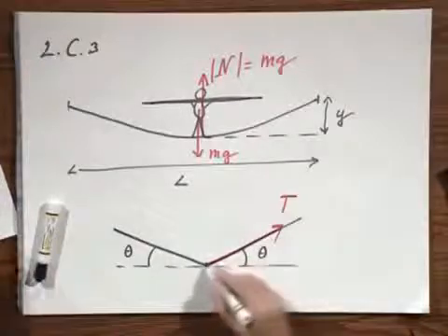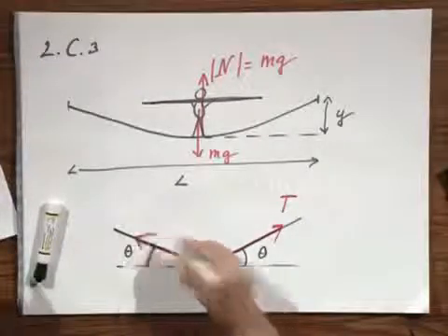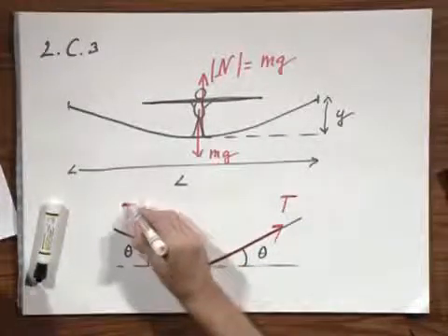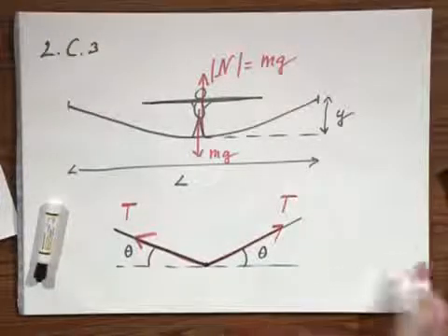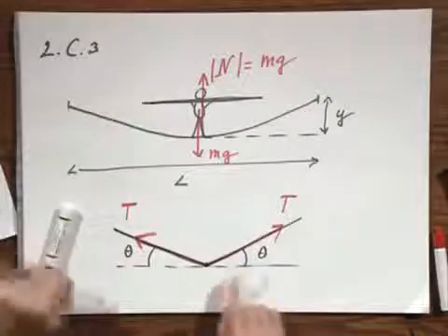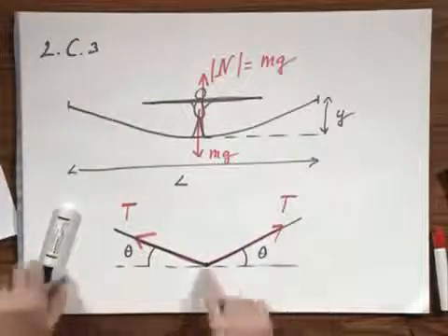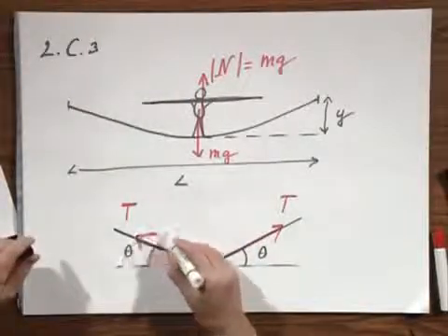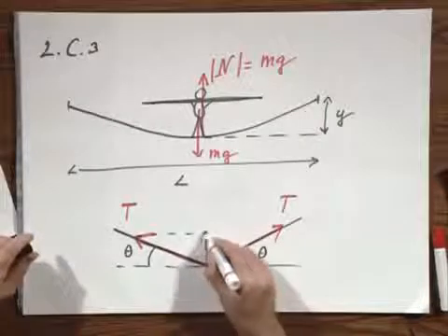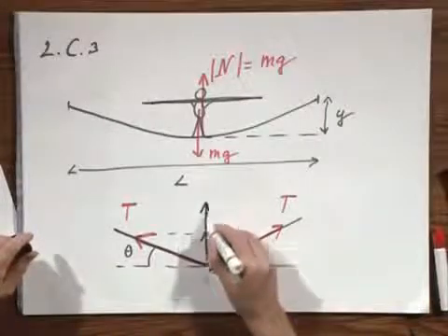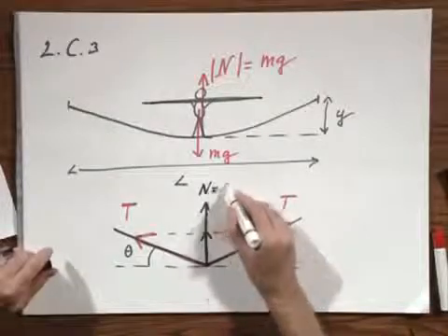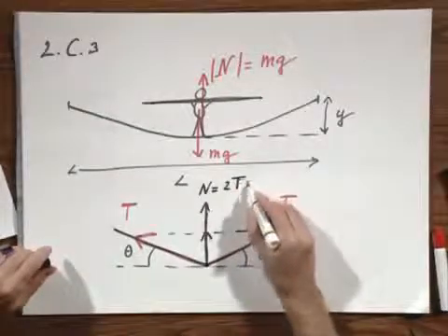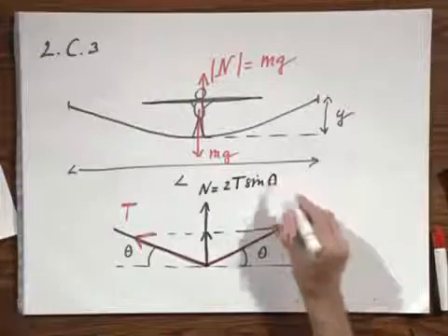T stands for tension, and here there is the same force to the left. T stands for tension. And what is the net force of these two? The horizontal components cancel. The vertical component is this force plus this force, and the net force vertical N equals 2T times the sine of theta.